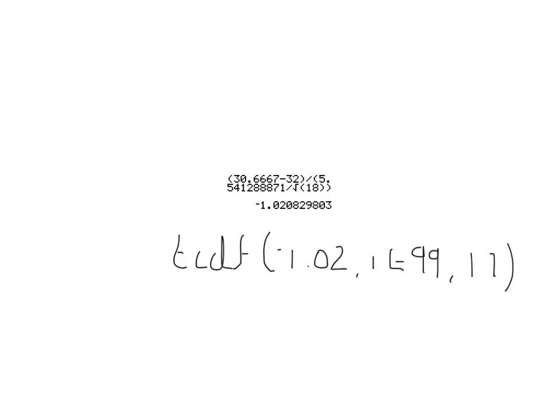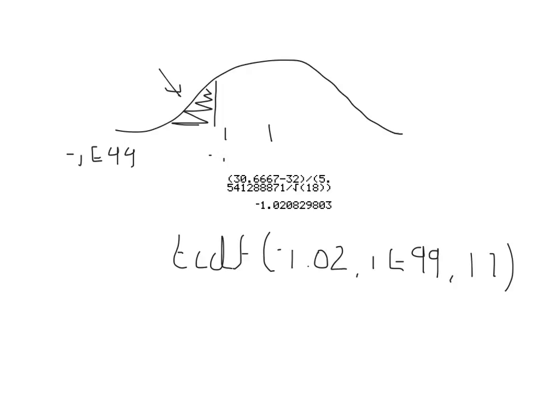Sorry, I misspoke. I'm looking for, in this t-distribution, the null hypothesis said that it was less than 32. So we've got to take our test statistic of negative 1.02 and find the probability that it is less than. So instead, we've got to take the area in our lower tail, which would be negative infinity, or negative something like 10,000.